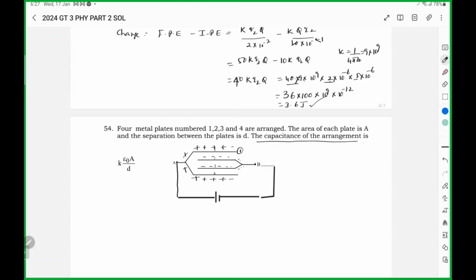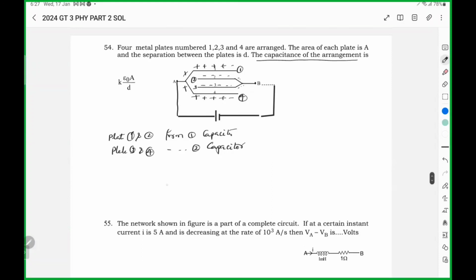So let us name the plates 1, 2, 3, 4. Here plates 1 and 2 form one capacitor. Similarly, plates 3 and 4 form the second capacitor.